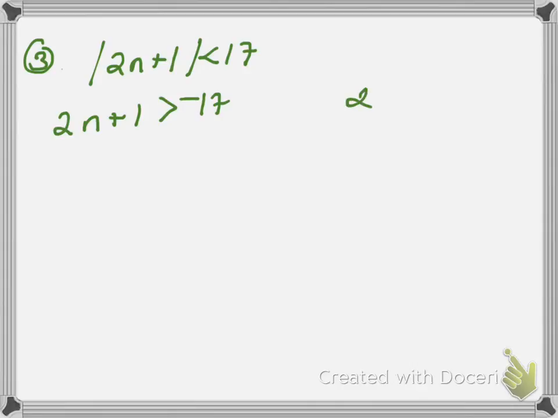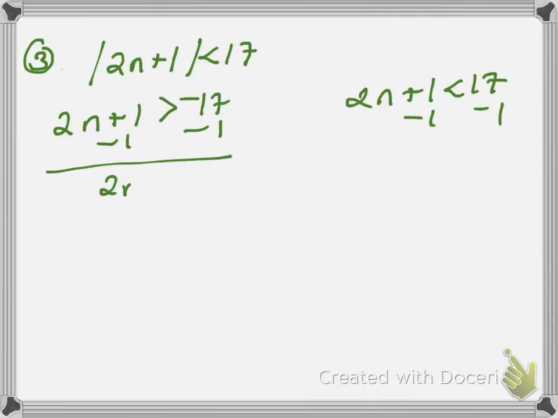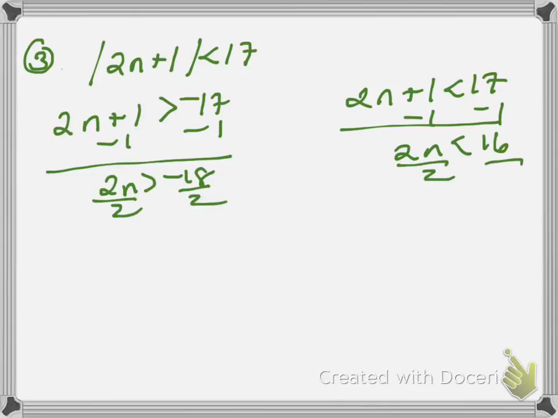Here, I'm just going to write 2n plus 1 exactly as I see it. So I subtract 1 everywhere. I get 2n is greater than negative 18. Here I get 2n is less than 16. Divide by 2. And I get n is greater than negative 9. And here I get n is less than 8.